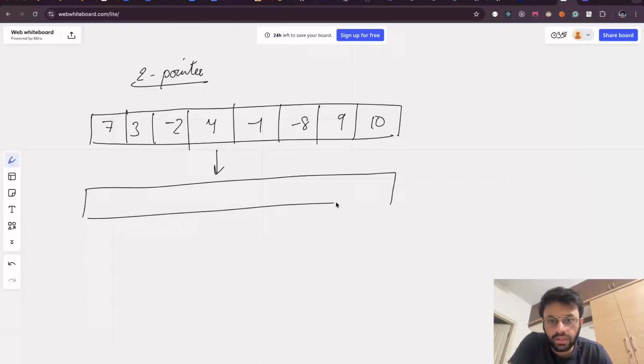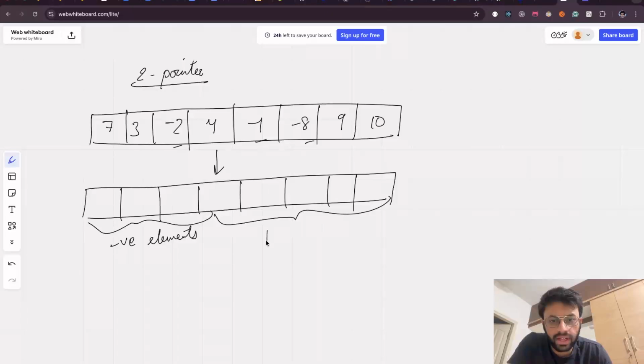It means I have to convert this array into something like this, where the negative elements are here and the positive elements are here. This is what we have to do.